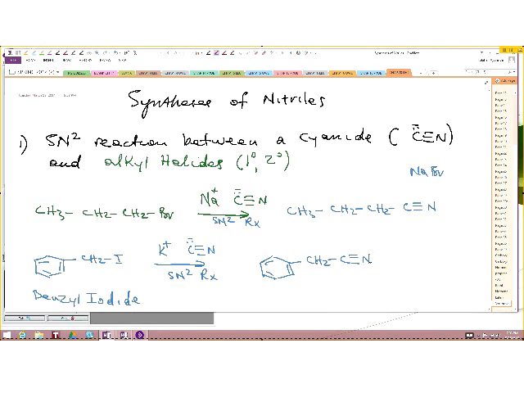So that is one method for making nitriles. Another SN2 reaction between the cyanide and an alkyl halide, which is either a primary alkyl halide or a secondary alkyl halide. In other words, we could also do this.